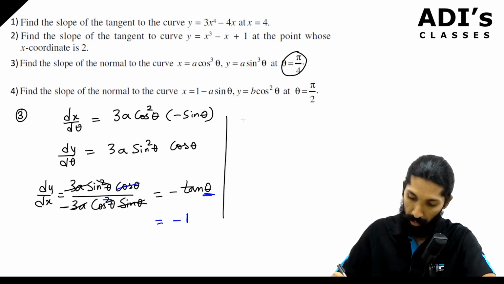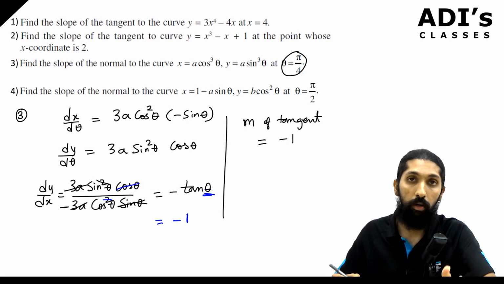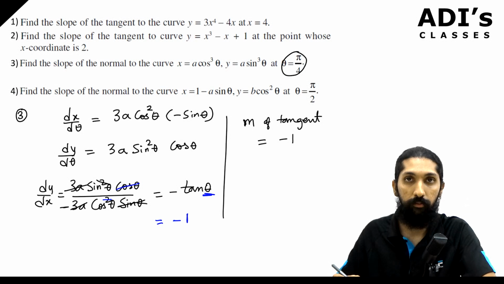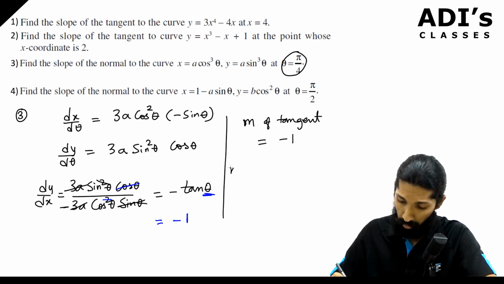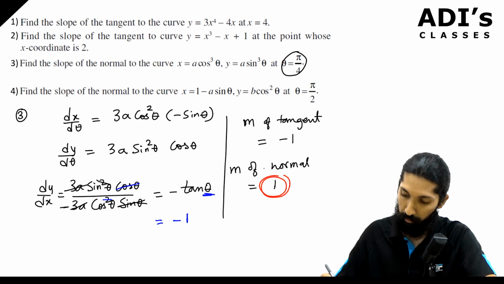So m of tangent is minus 1. So what will be the slope of the normal? The negative reciprocal, which is nothing but 1 itself, correct? So m of normal will be equal to 1. So the final answer is going to be 1.